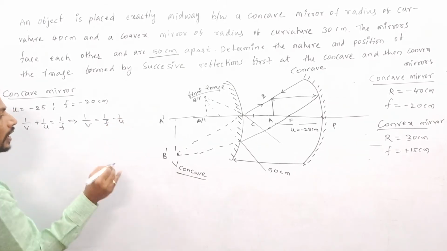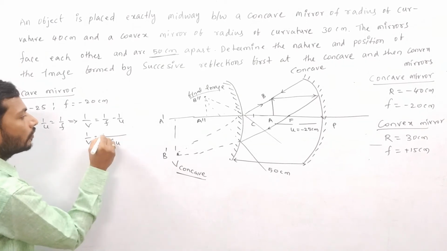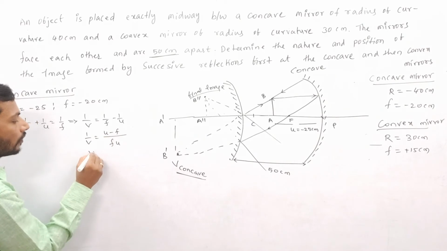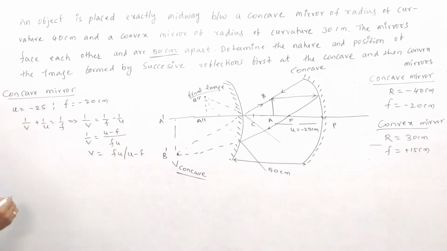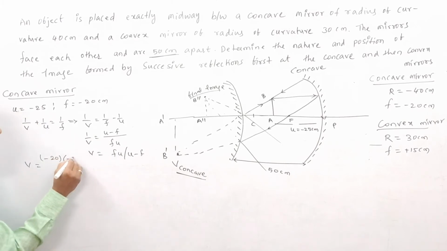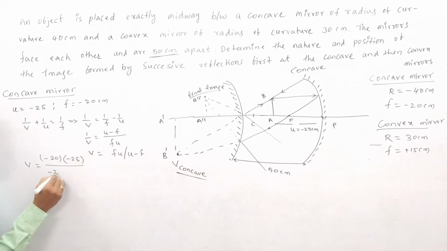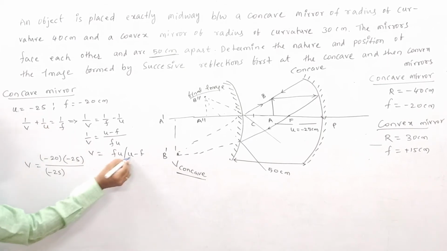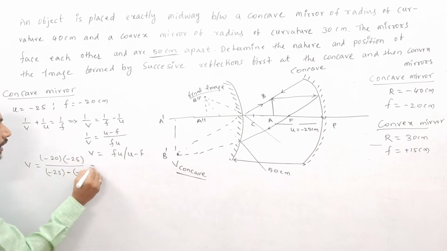We have already done this previously. Taking the LCM, V equals FU by U minus F. Now what is F, children? Minus 20. Very good. U is minus 25, divided by U minus F, that is minus 25 minus of minus 20.